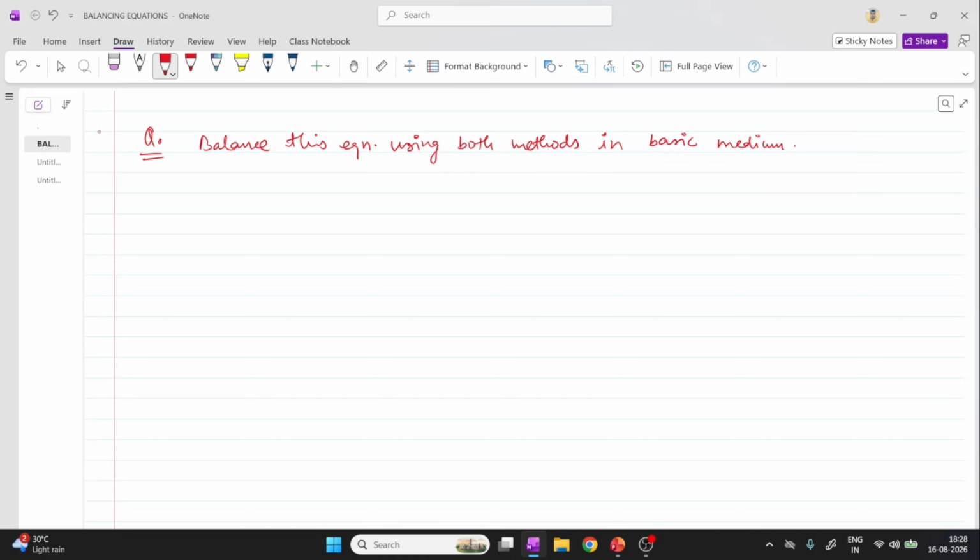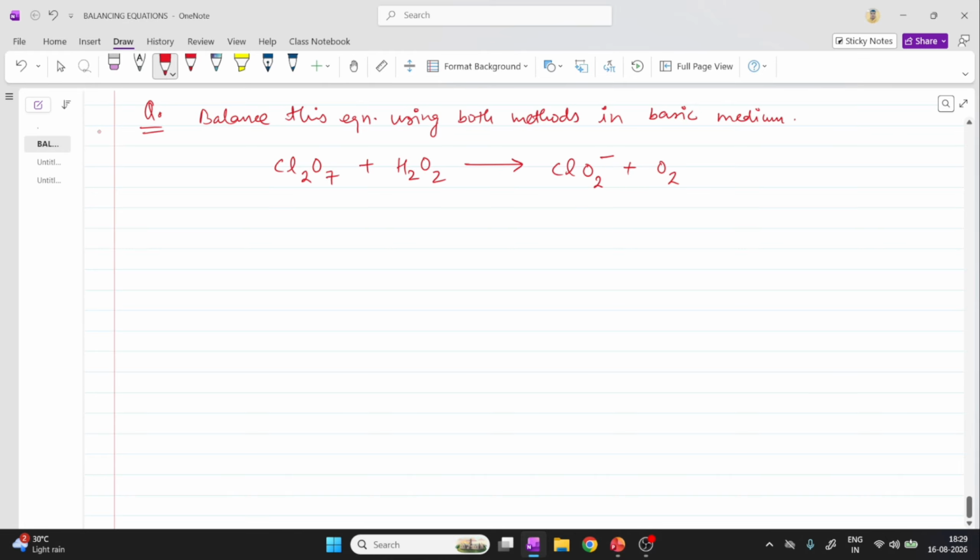Fine. So the equation I can take is Cl2O7 plus H2O2, and this gives ClO2 minus plus O2. So this is the equation that I have, and I will be using both the methods.